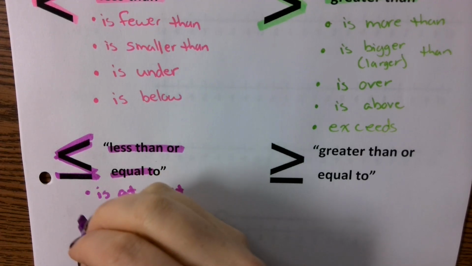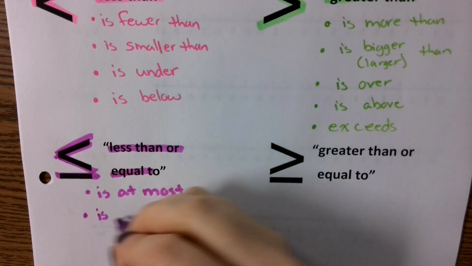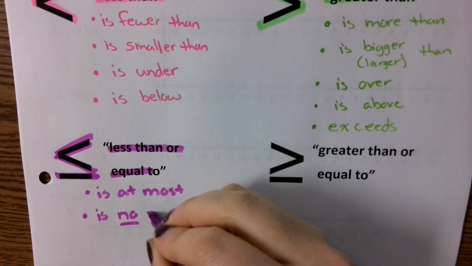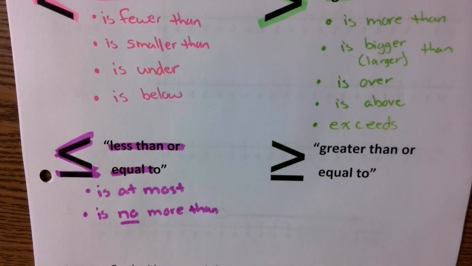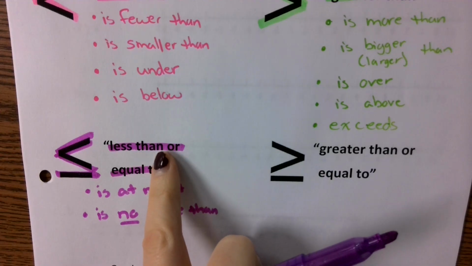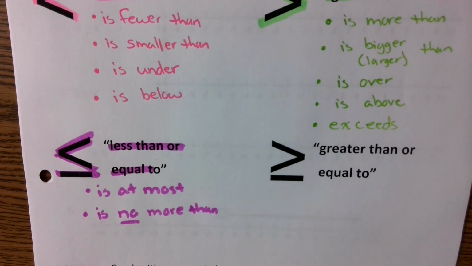Okay, another one is no more than. We know more than means greater than. If it is no more than, then it's going to be the opposite, less than or equal to.